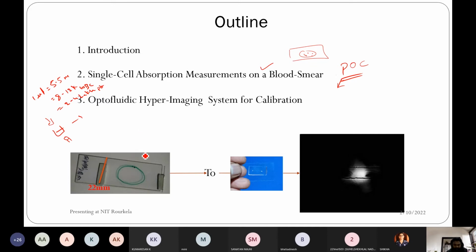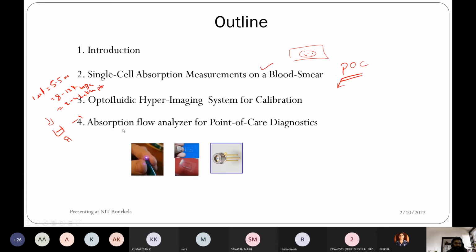So this is the second work which I'm going to show here, and then I'll be talking about the actual thought, that is the source, sample, detector, the realization of the absorption flow analyzer for point of care diagnostics.